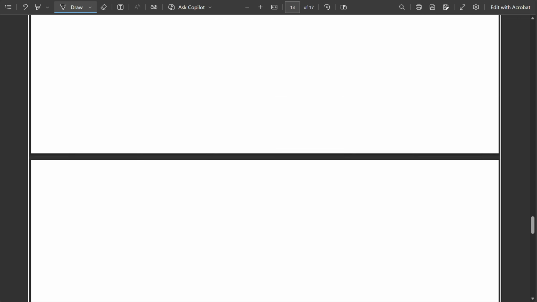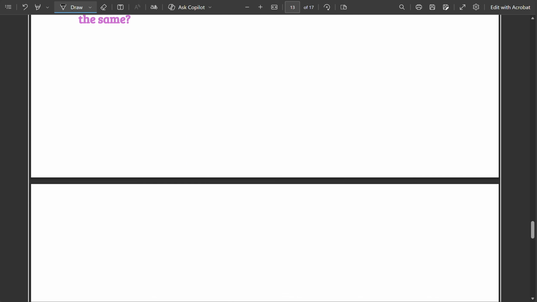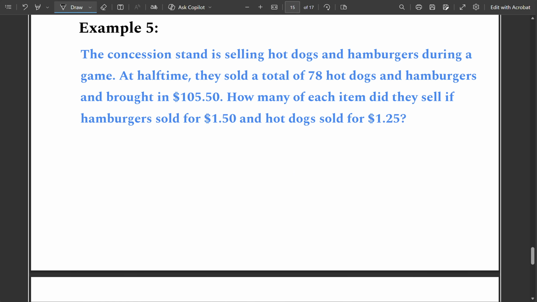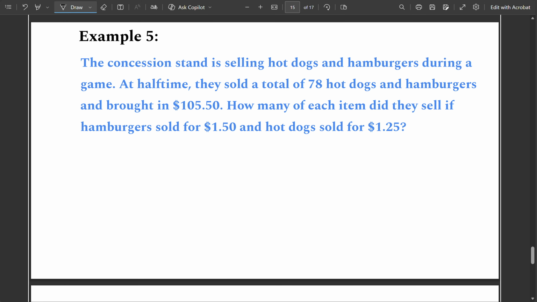Actually, you know what? Let's skip example 4. We already know how to do that kind of problem. You can go back and do it if you want. Let's go to example 5. I'd like you guys to pause and try to do this one on your own, and then resume when you're ready for the answer.